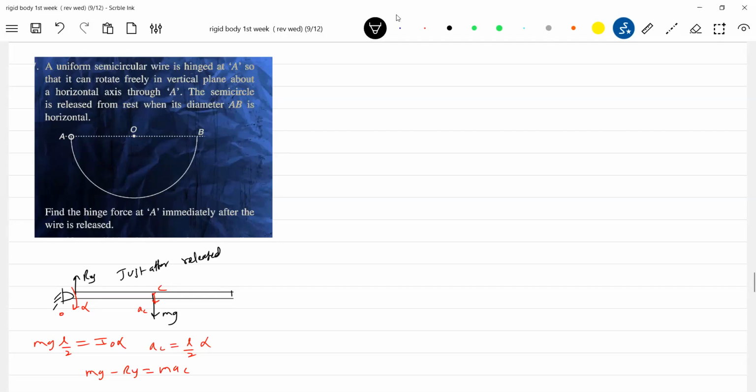Or going for the semicircular wire, the same methodology, nothing big will be there.